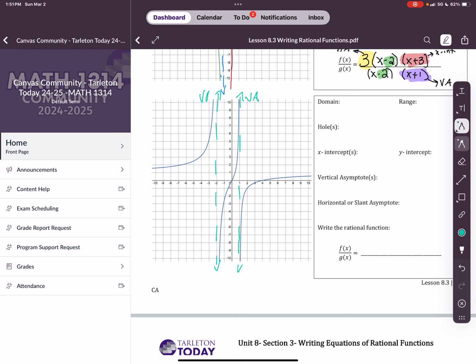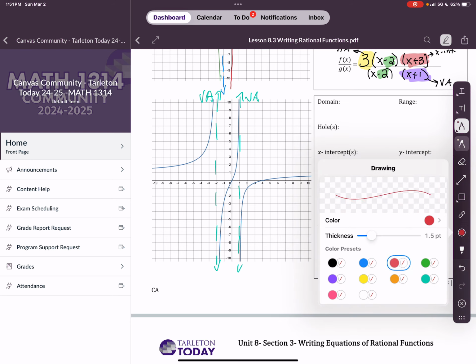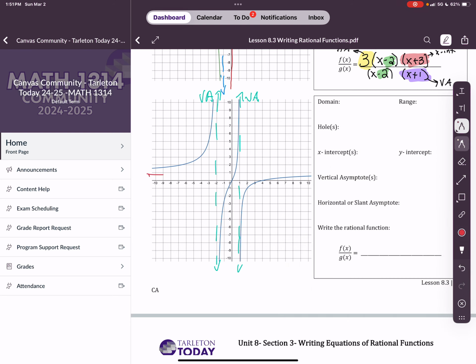I can also see a horizontal asymptote here at +1. Because of this funky thing going on in the middle, our range is still going to include 1, but on the ends the rational part will approach +1 but never touch it.